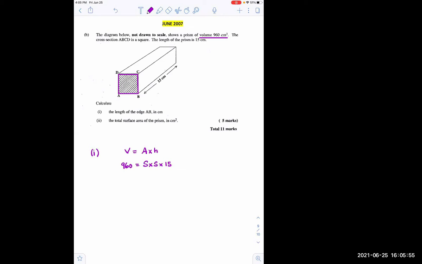Eight. Can someone confirm that it is indeed 8? Yes, miss. Very good. We're interested in total surface area.